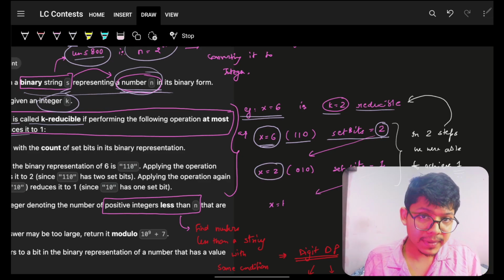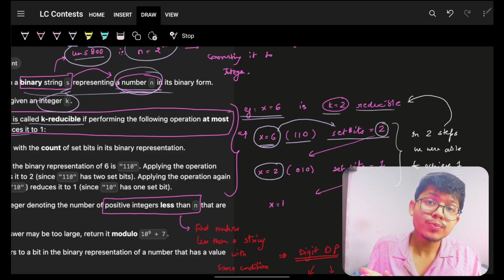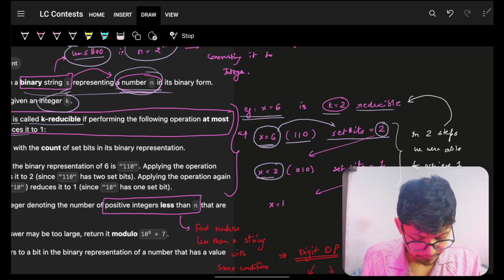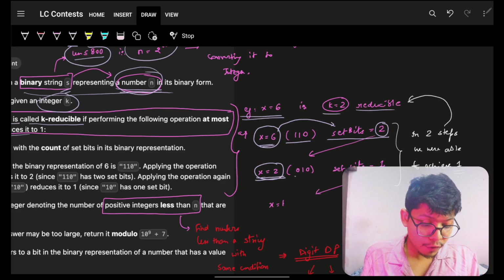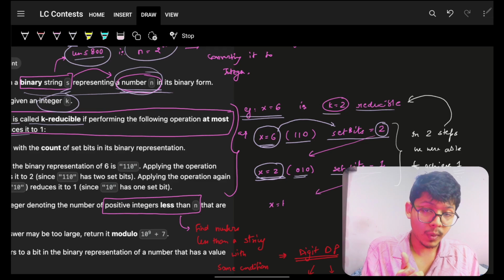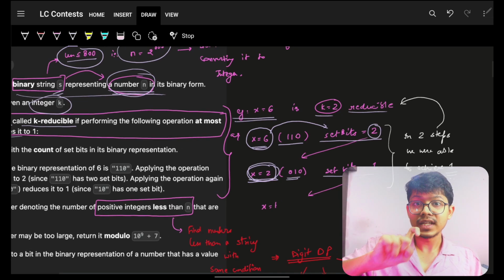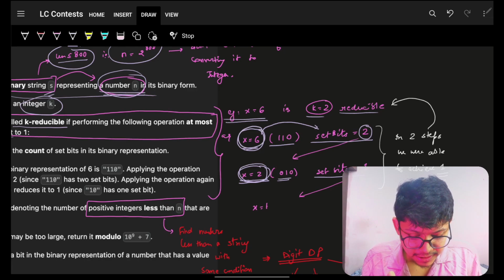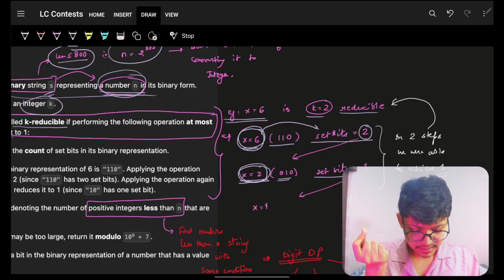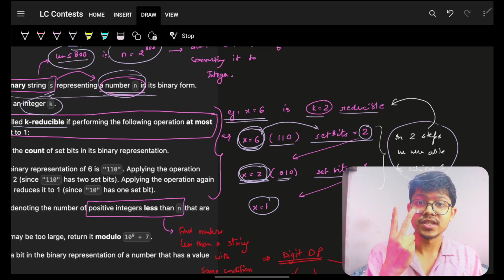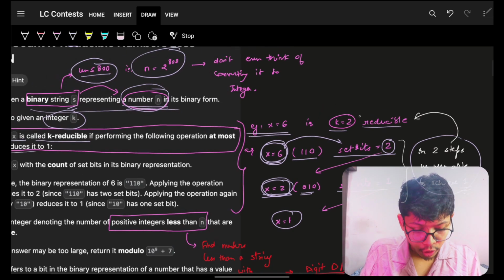I got the set bits, and this conversion from a number to its corresponding set bits value is one operation. Same way, if my x is 2 now, the number of set bits in it is 1. So converting 2 to 1 is one operation.